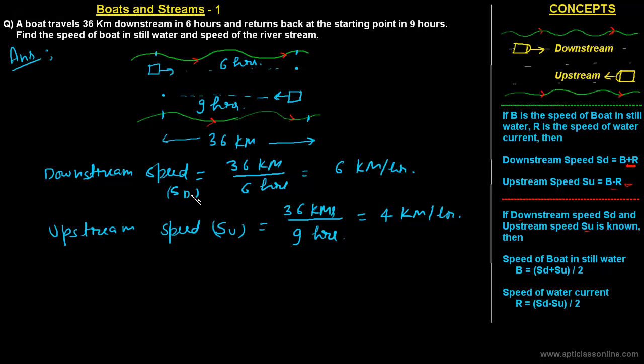So we know downstream speed, we know upstream speed. We can apply these two formulas to know the speed of boat in still water and speed of water current, which is required in this question.